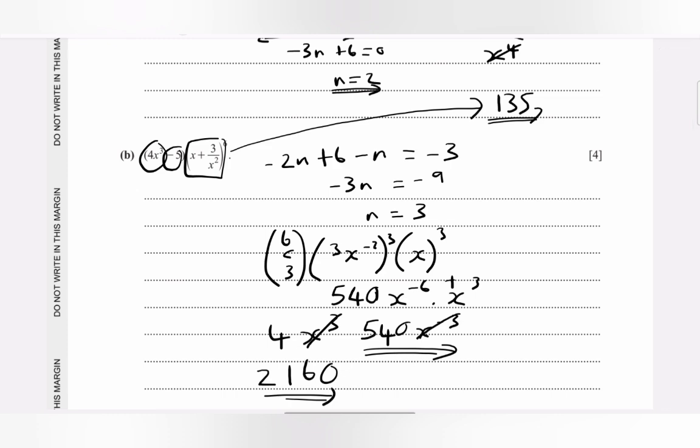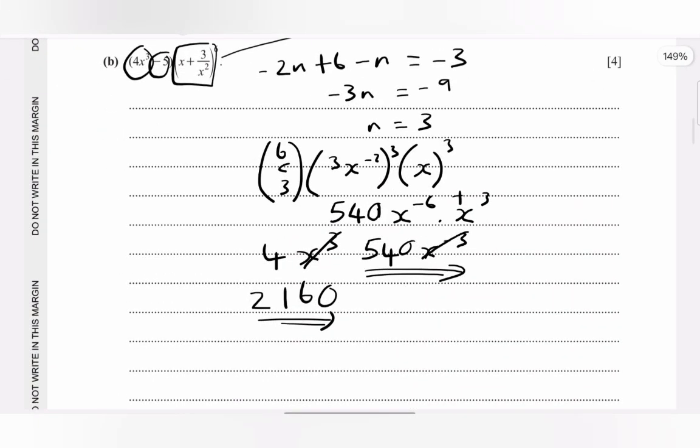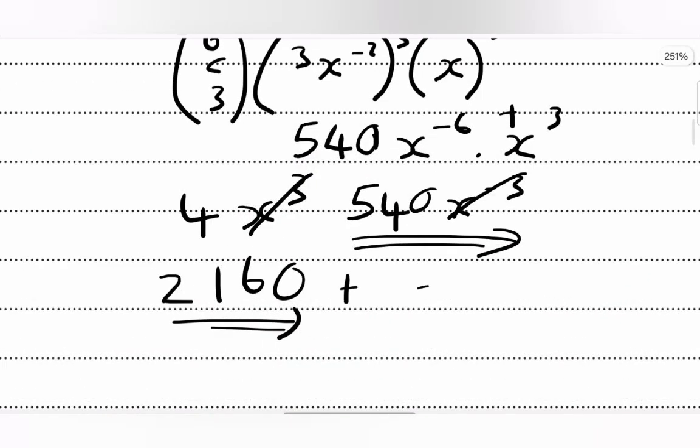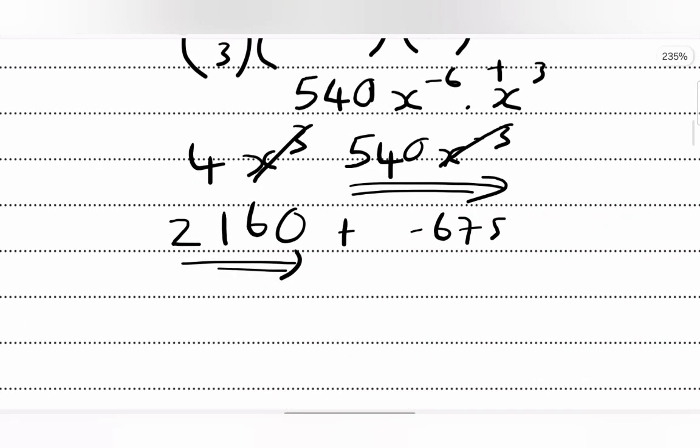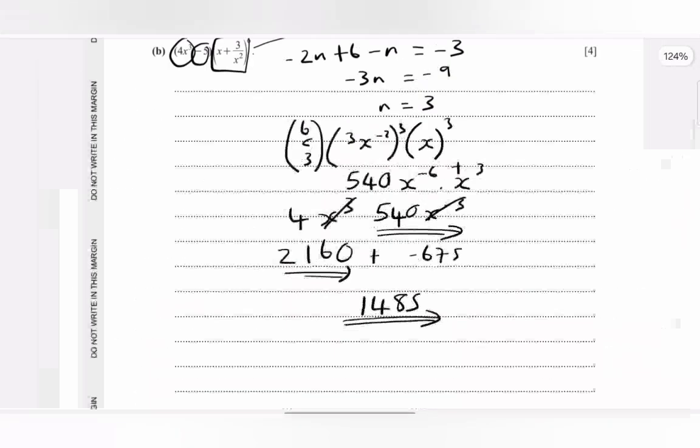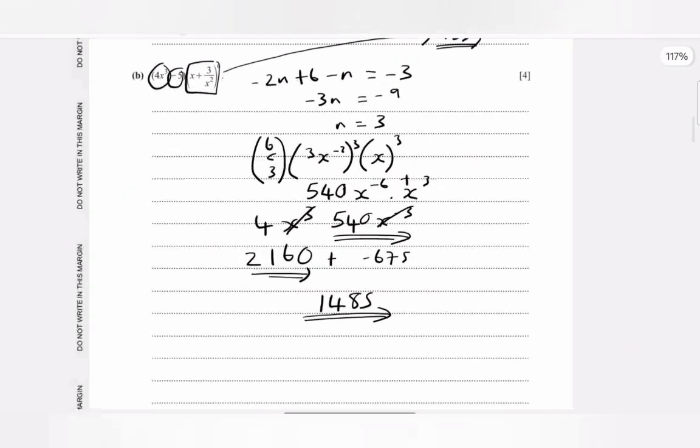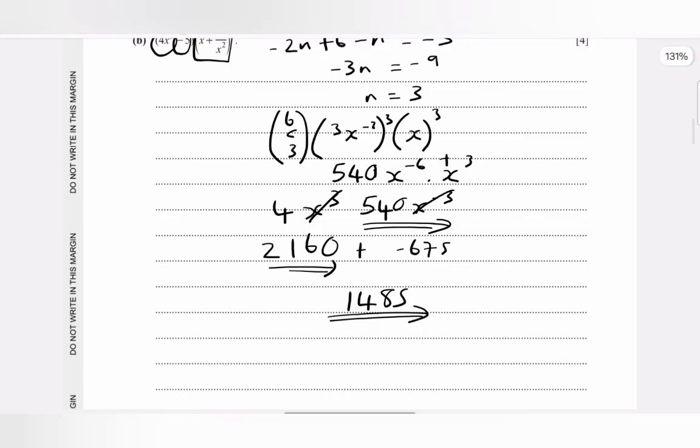So minus 5 times 135, we get minus 675. So adding the two, we have 2160 minus 675, we get 1485 as the term independent of x for part B. And you get 4 marks.